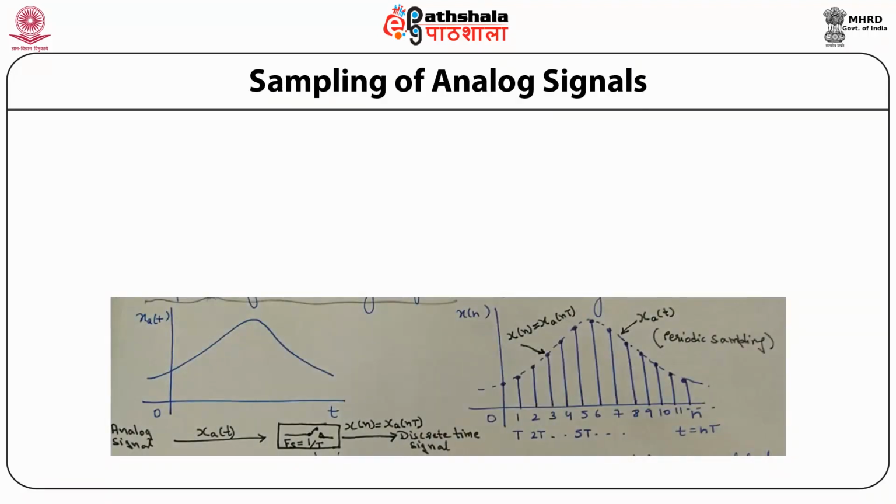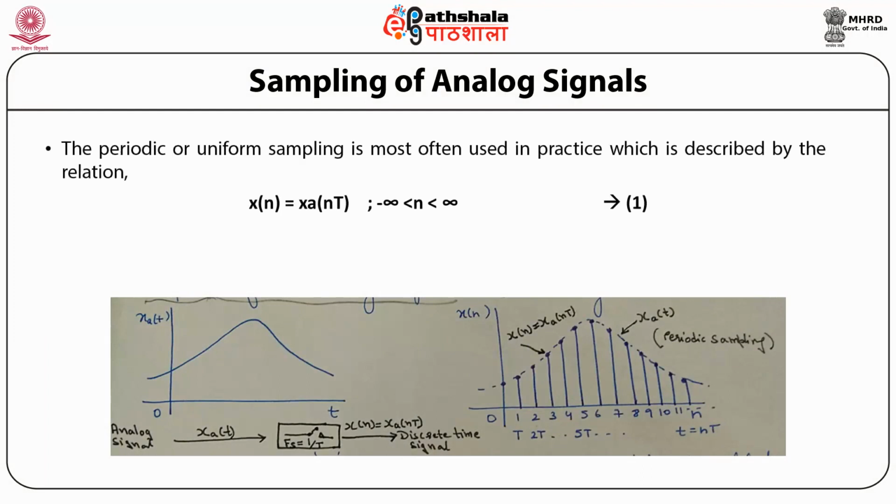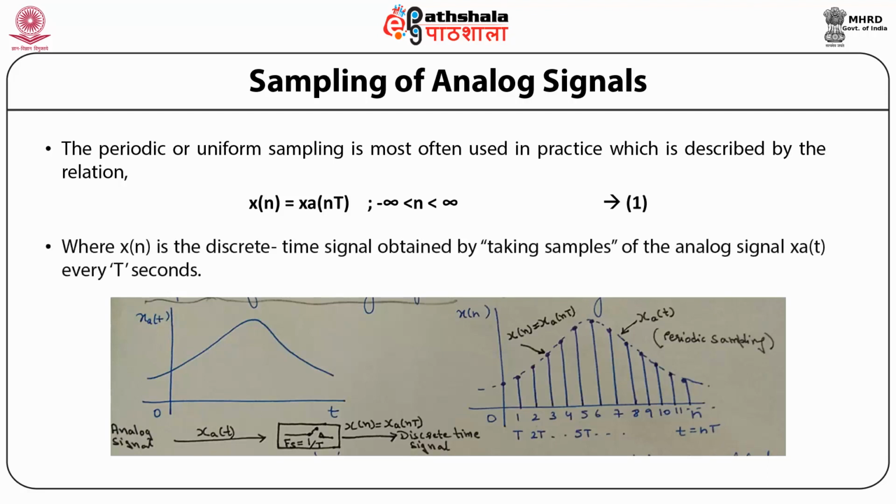Sampling of analog signals. Periodic or uniform sampling is most often used in practice, which is described by the relation x(n) equal to xa(nT), where n varies from minus infinity to infinity, where x(n) is the discrete time signal obtained by taking samples of the analog signal xa(t) after every T seconds.